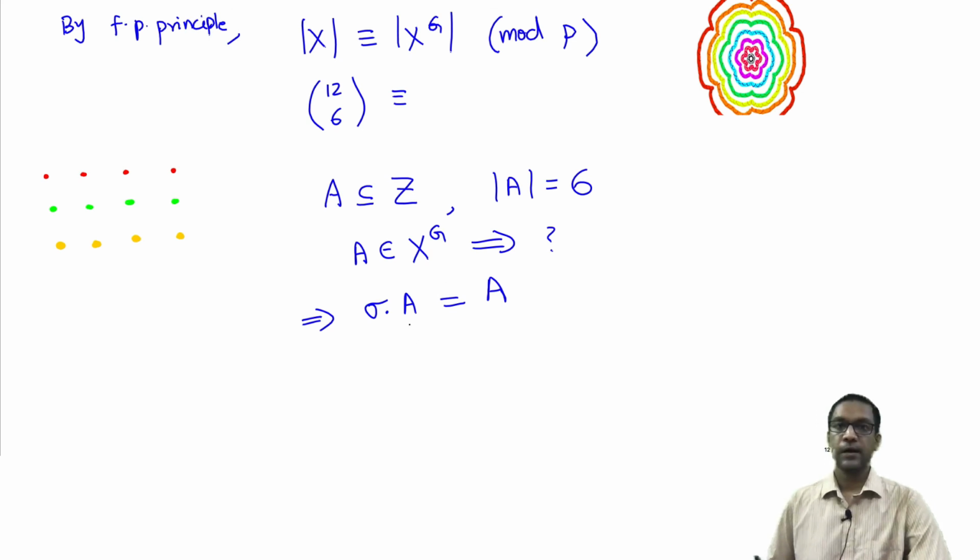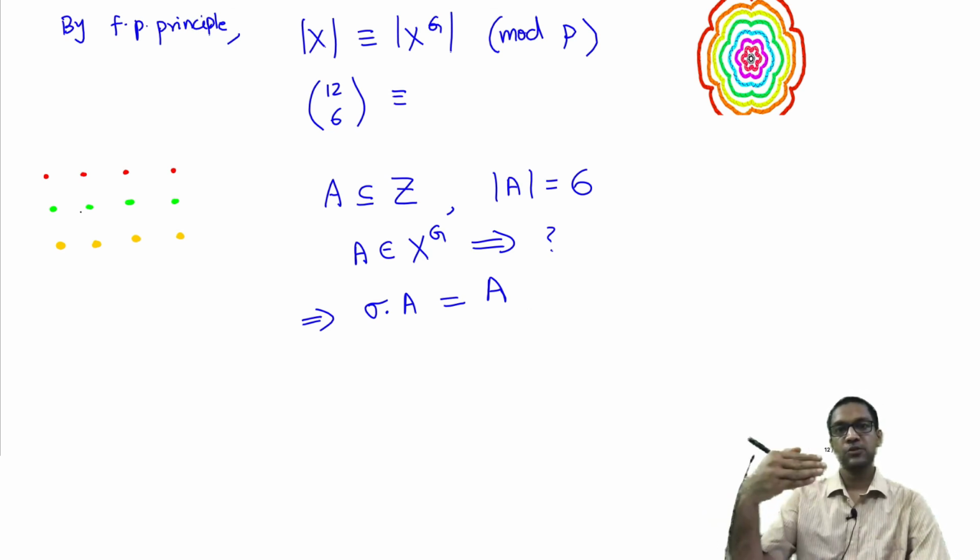So let's just look at this condition: A is fixed by the element sigma of the group. What does this mean? If you recall what the action of sigma was, it moved dots in a given row to the corresponding dots in the row below it. So how can I choose 6 dots from this diagram so that when I move that configuration of 6 dots 1 unit down, sort of cyclically, the new configuration of 6 dots coincides with the original configuration?